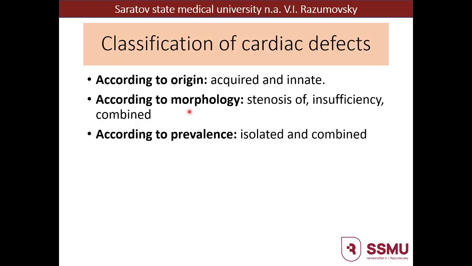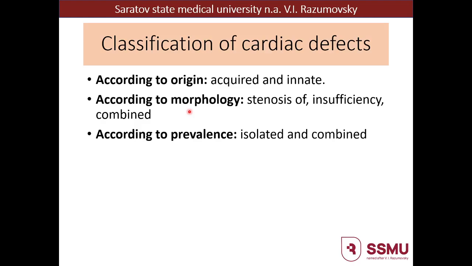I have already told you that in complications or outcomes of endocarditis, we may see cardiac defects. So we will talk about them a few words. Cardiac defects may be classified according to origin into acquired and congenital. Congenital ones are associated with some problems in the process of formation of the heart, and acquired may be associated with several types of pathological process.